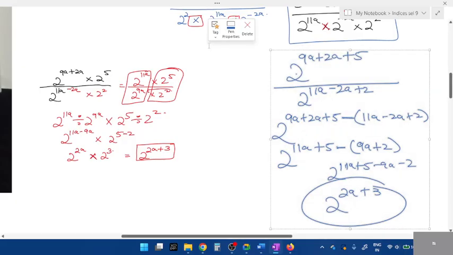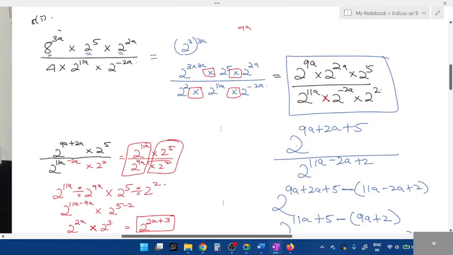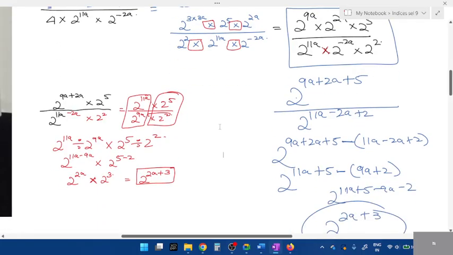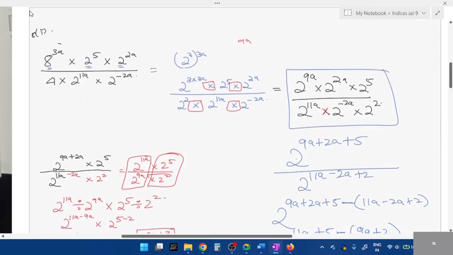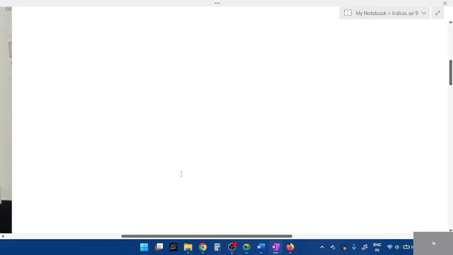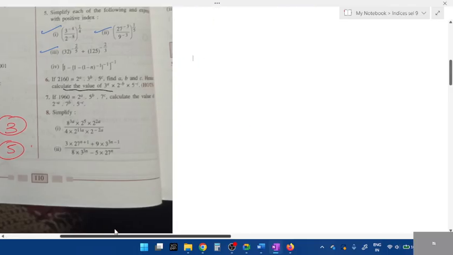Completed. Okay. So you can reduce the number of steps and solve, students. If you understood the concept, you can try to complete within 3 to 4 steps. You can do it directly. Look at the next one.